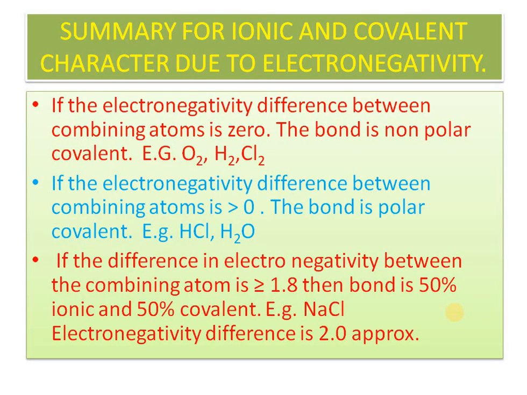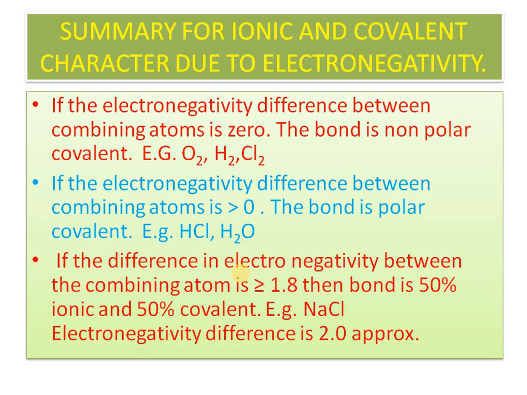So now what is the basic conclusion we have to make? If the difference of electronegativity is 0, then it is not a polar bond. If the electronegativity difference between the combining atoms is greater than 0, the bond is polar. And if the difference in electronegativity of the combining atoms is greater than 1.8, then the bond will be more than 50% ionic, or less than 50% covalent.